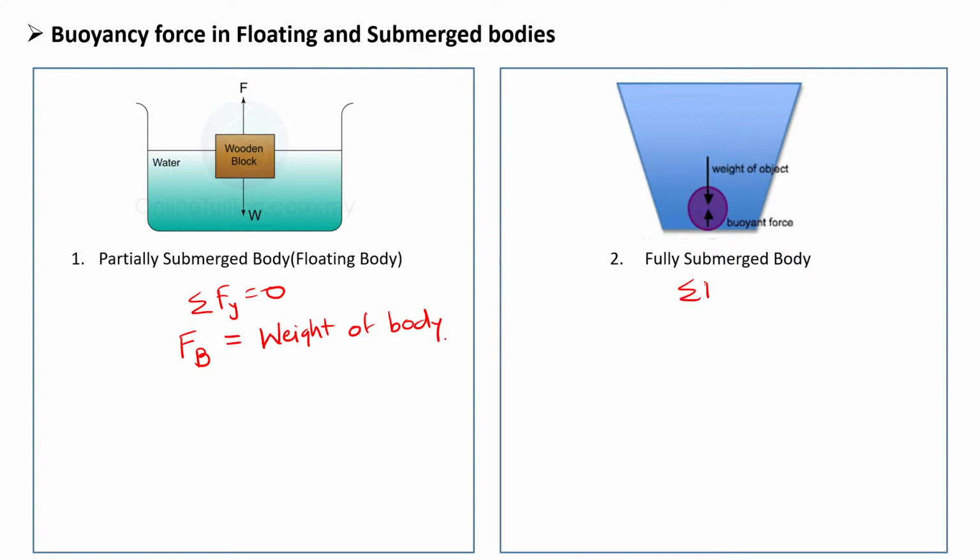There, summation of Fy equals 0 means buoyancy force plus normal reaction is equal to the weight of the body. So we cannot say always that buoyancy force is equal to the weight of the body. It depends: if the body is a floating body, then buoyancy force is equal to the weight of the body.